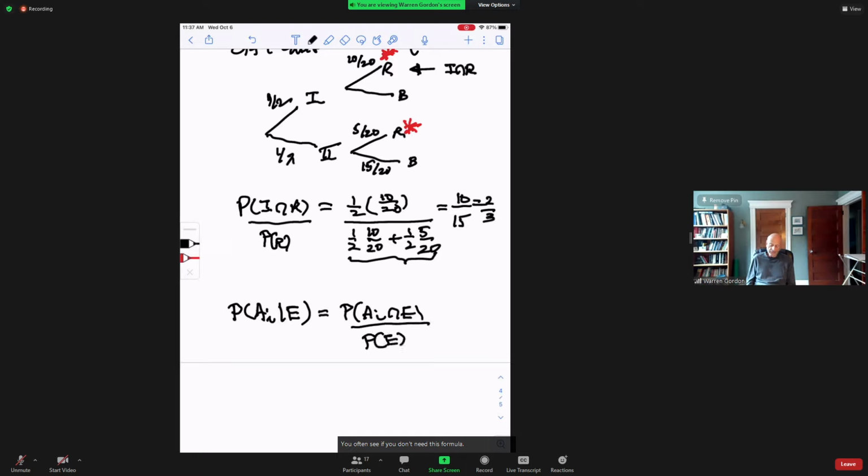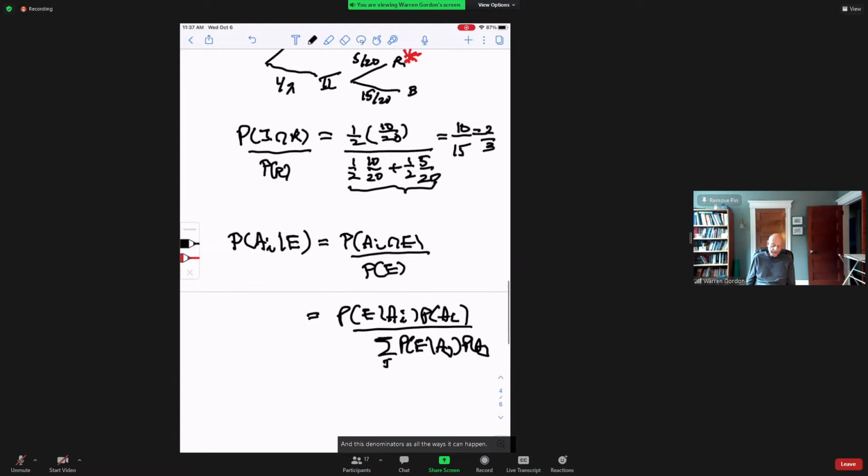I'm just rewriting the formula now. So this is P of E given A sub i times P of A sub i. And this denominator is just all the ways it can happen. It's just the same formula.